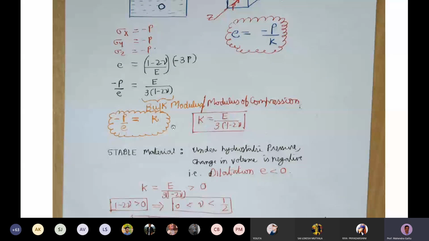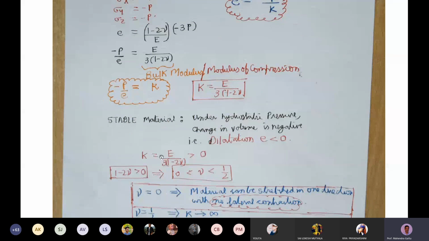Change in volume is negative means the E value is less than 0. Since hydrostatic pressure is minus P and E is less than 0, this term will be positive. So K is a positive quantity for stable materials. So E by 3 of 1 minus 2 nu is greater than 0. That means 1 minus 2 nu is greater than 0, and we will get 0.5 is greater than nu.